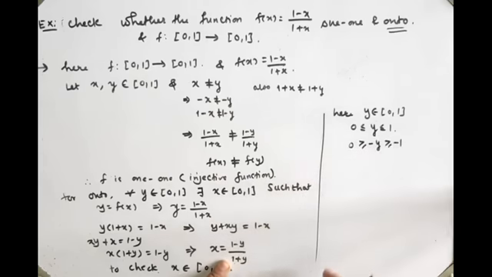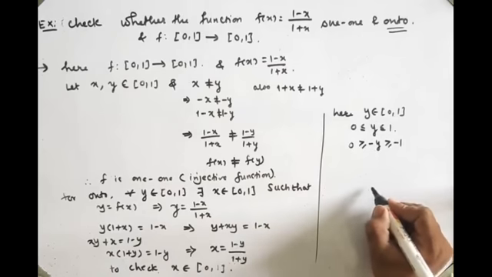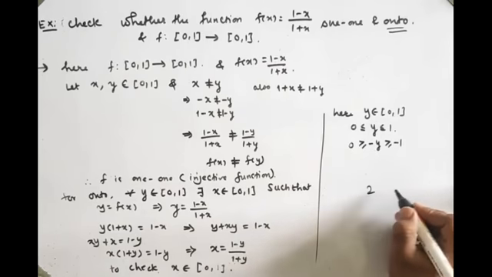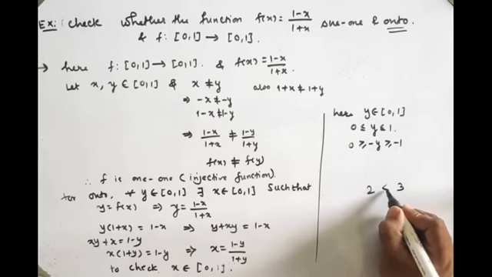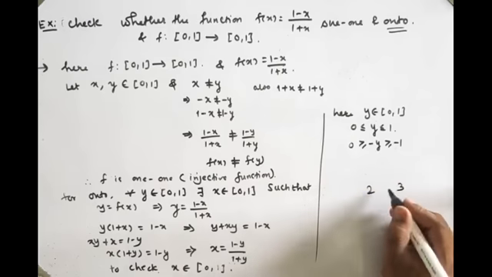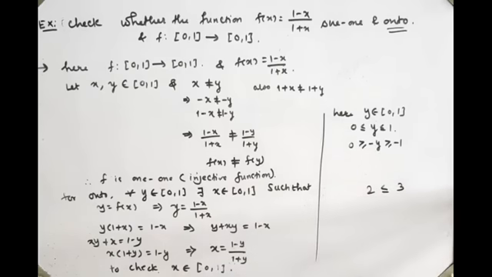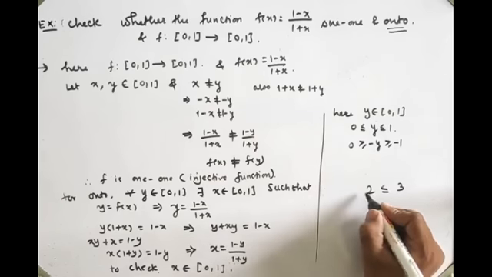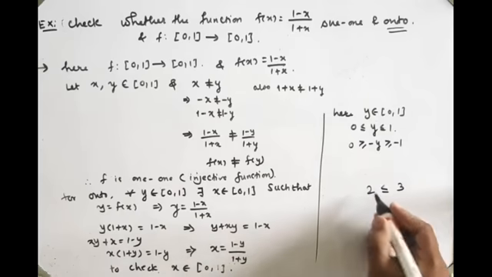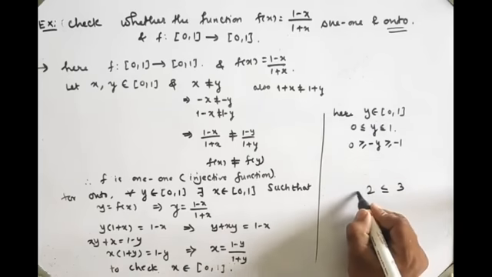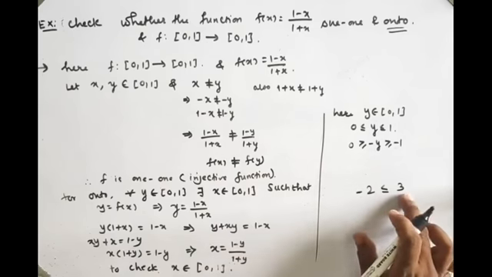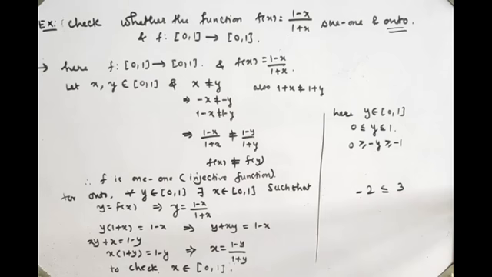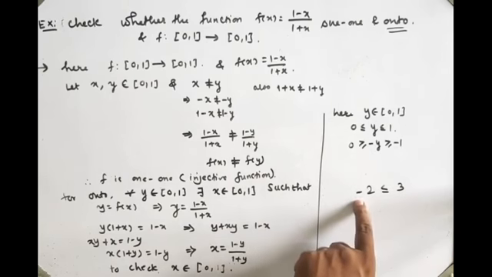Because suppose I have 2 and 3, so what is the relation between them? 2 is less than or equal to 3, right? If I multiply both sides by a negative number, then what will I get? Suppose here minus 2 and here 3. So minus 2 is always less than or equal to 3, right? 3 is greater than or equal to minus 2 always, right?